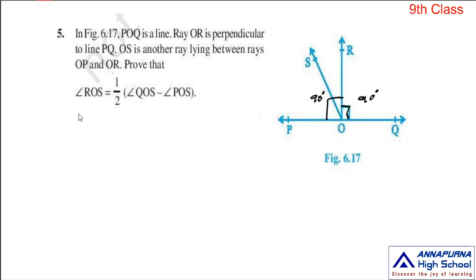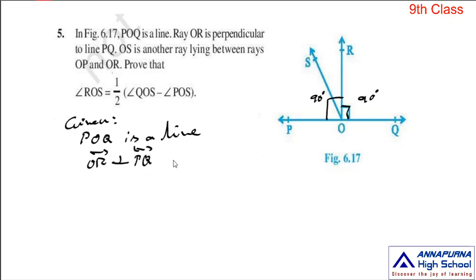Start the solution. Given POQ is a line. Ray OR is perpendicular to line PQ, and angle ROQ is equal to 90 degrees.